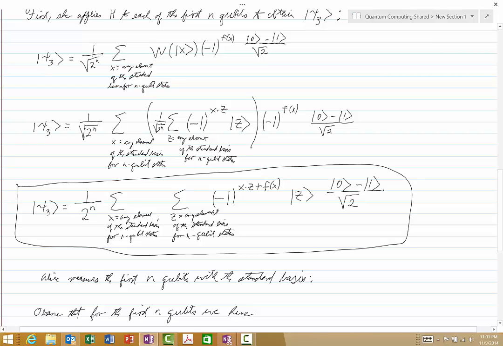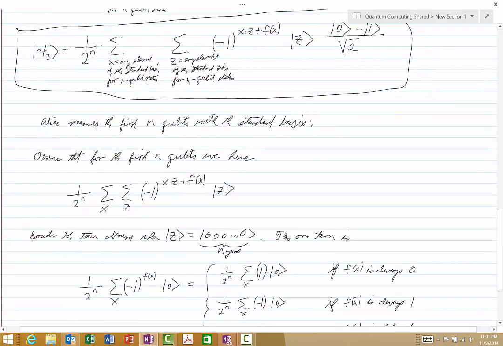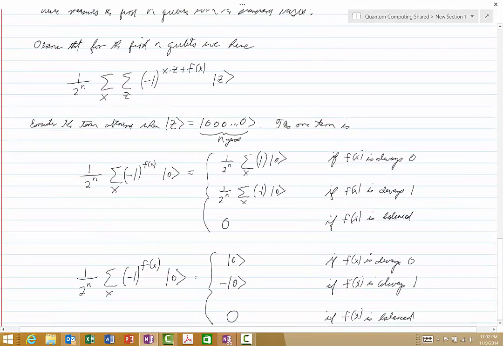But now we have seen, by looking at just one single term in this summation, by just looking at the first one coming out of the z summation, that that very first term coming out will have a magnitude of 1 if f of x is 0, and it will also have a magnitude of 1 if f of x is constant equal to 1. And it will have a magnitude of 0.